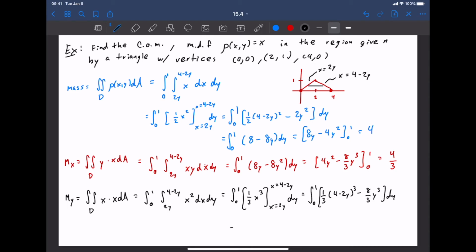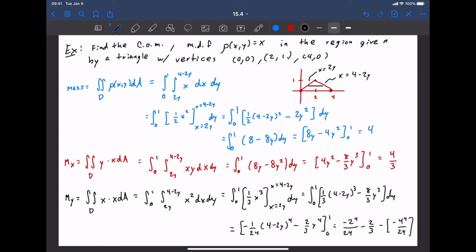And so what we're getting here is going to be negative 1/24 times 4 minus 2y to the 4th, minus 2/3 y to the 4th, all from 0 to 1, which is, of course, negative 2 to the 4th over 24 minus 2/3, minus negative 4 to the 4th over 24.